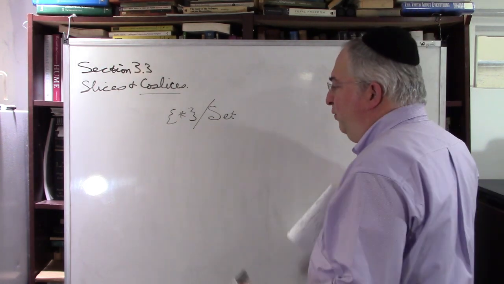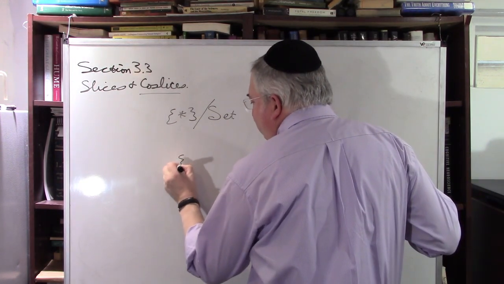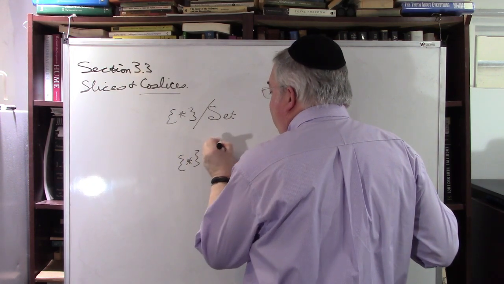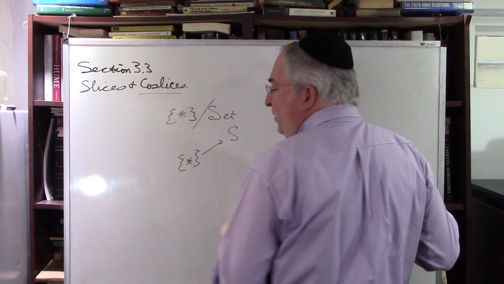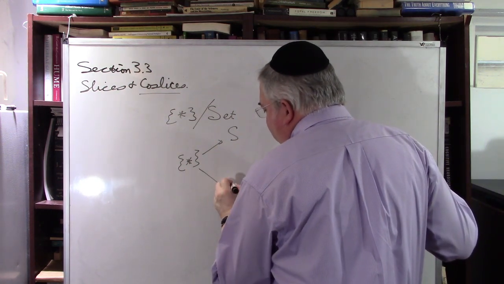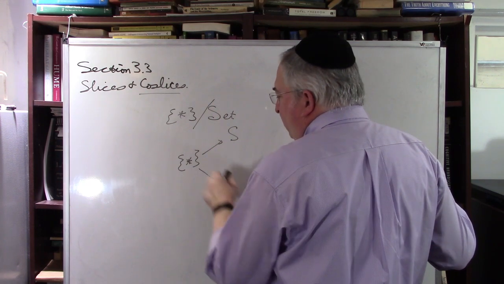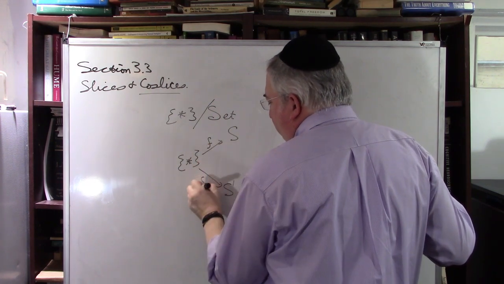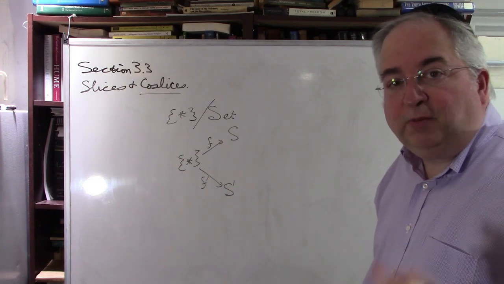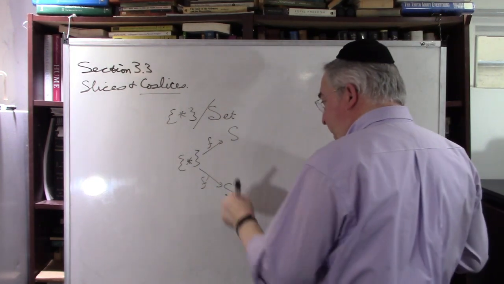Now, what is a typical element? A typical element of this is going to be a set with a map into it. Another typical element is another set with a map going into it. We might call this F, and this F prime. And what does the morphism have to preserve?